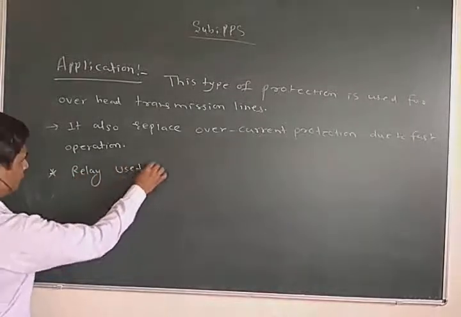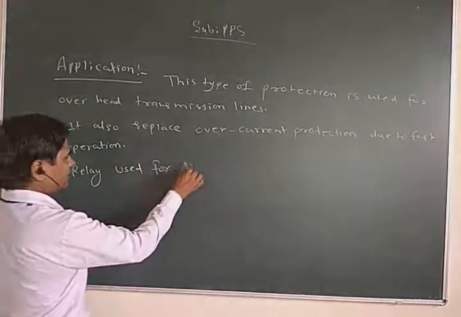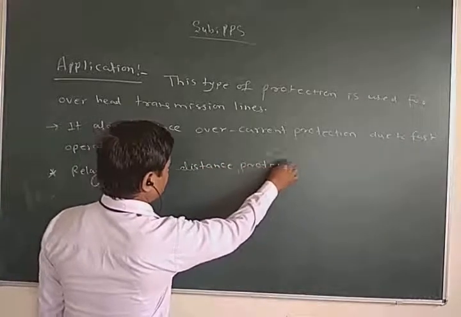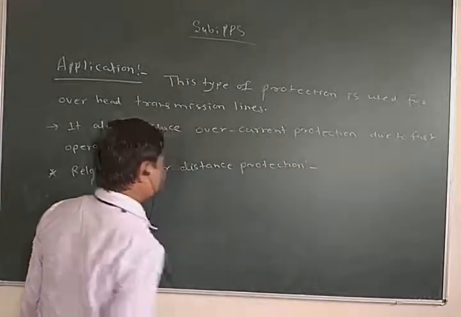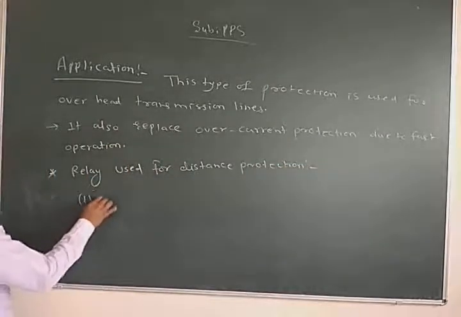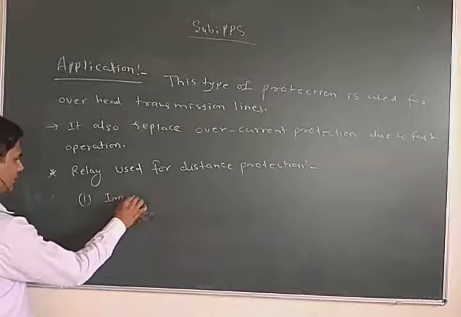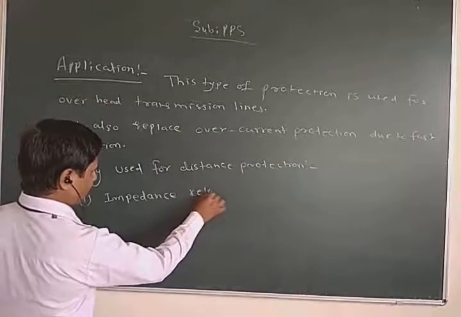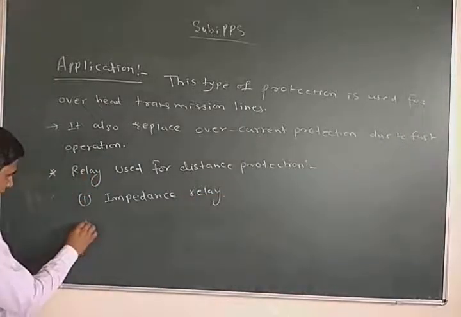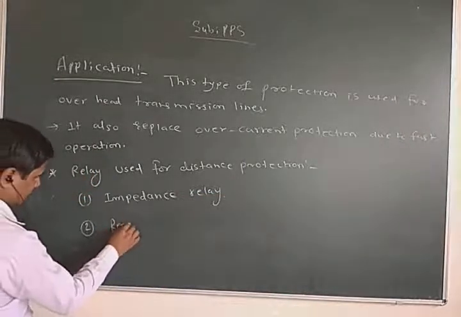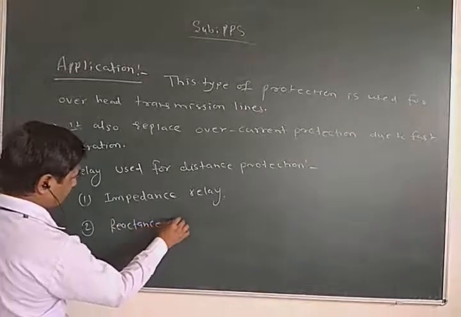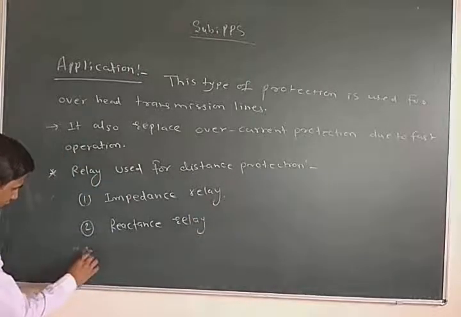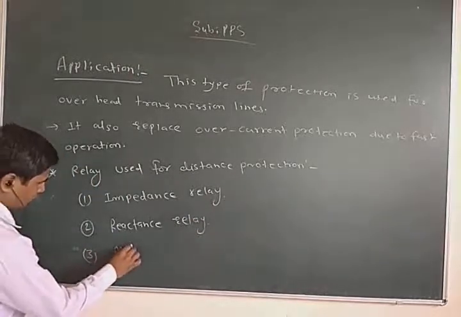Now the relays used for distance protection are: one is impedance relay, second is reactance relay, and third is admittance relay, the MHO relay.